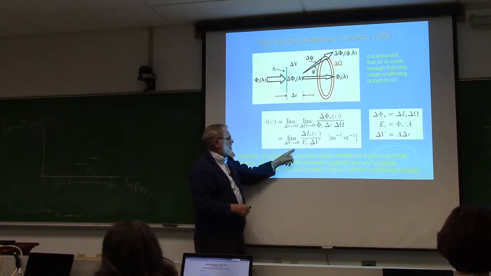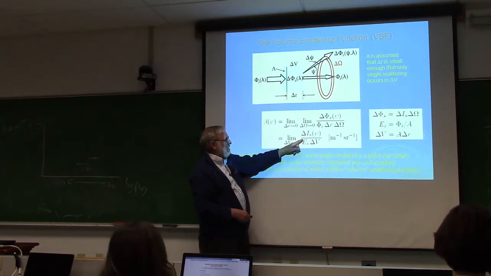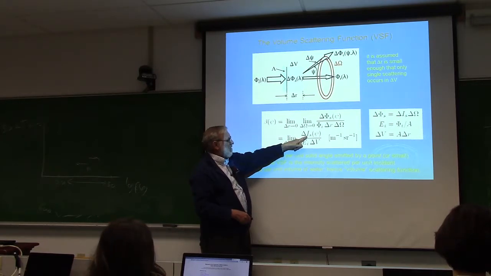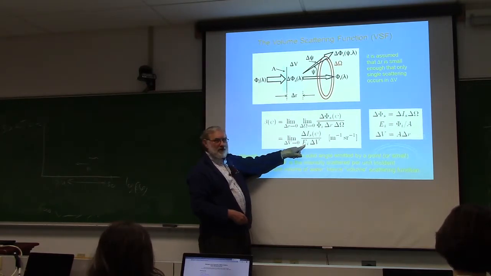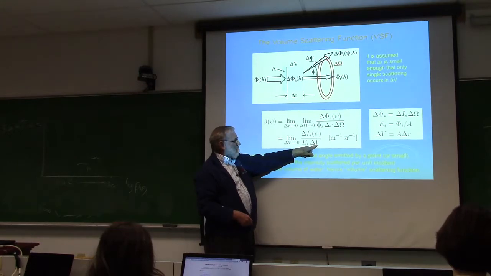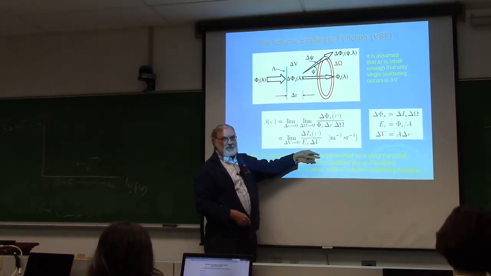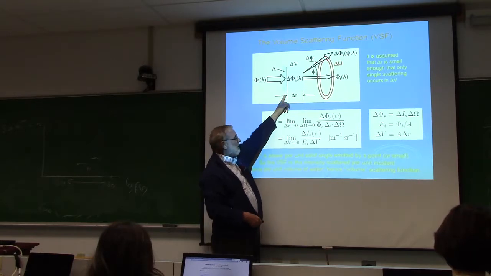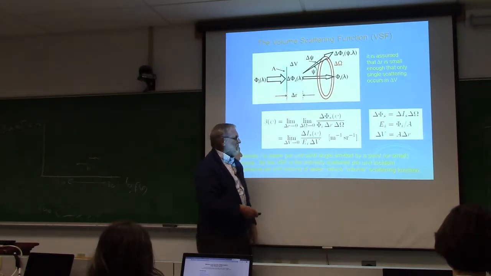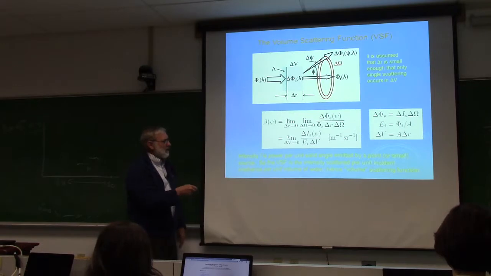So you'll often see this as being defined as the scattered intensity normalized by the incident irradiance and by the element of volume. So that's why it's called the volume scattering function instead of the distance scattering function or something. But you'll see it defined either way.